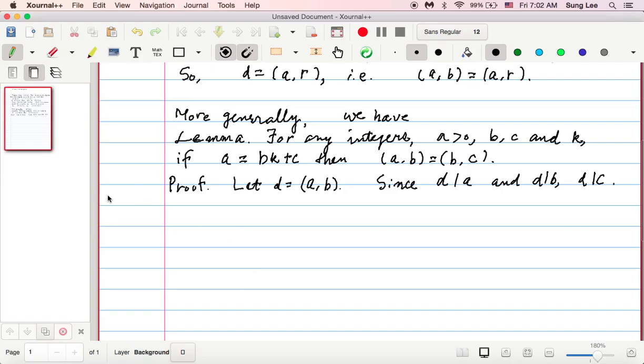Okay, so we have that. Now, since D is a common divisor of B and C, D has to be less than or equal to the greatest common divisor of B and C. So we have that.